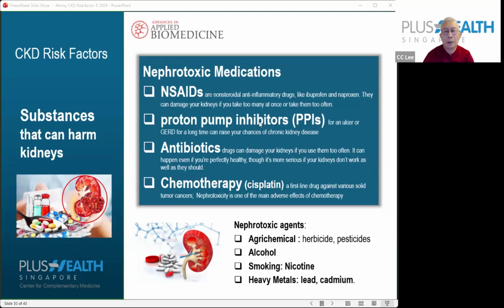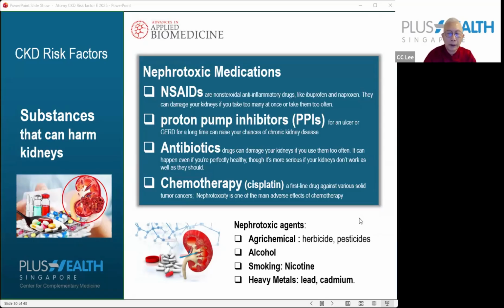So people who are on long-term PPI medication should go for regular kidney function checkups. Antibiotics can also damage your kidney, so be careful about antibiotic medication, right? Chemotherapy, especially cisplatin, platinum-based chemotherapy drugs, can also damage the kidney. Therefore, very often a patient undergoing chemotherapy also has to monitor their kidney function.